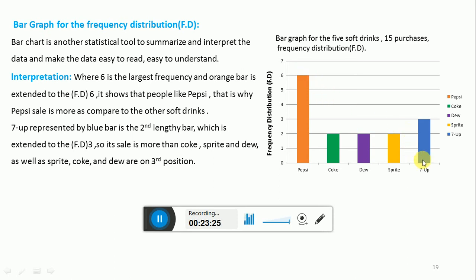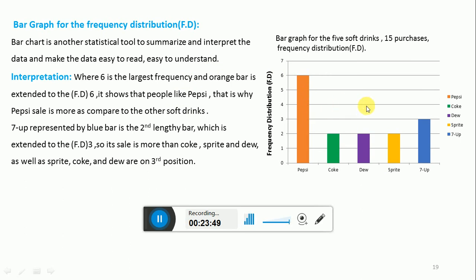The next blue bar, 7-Up, is extended to 3, the second largest bar, and it covers a major portion of the market. All the other 3 capture equal portions of the market: Coke, Dew and Sprite.